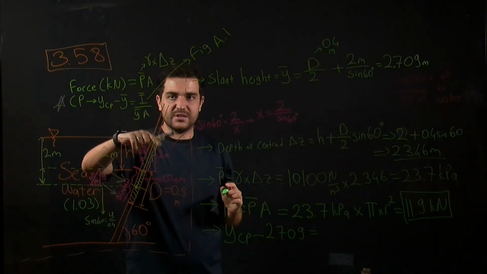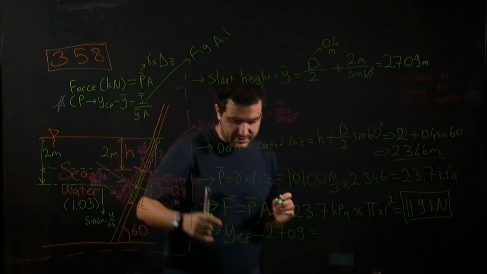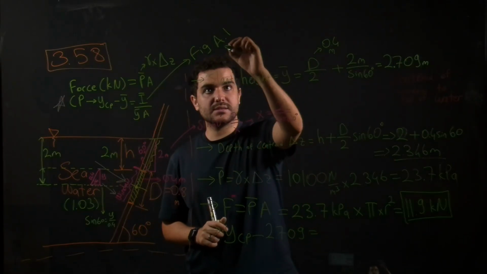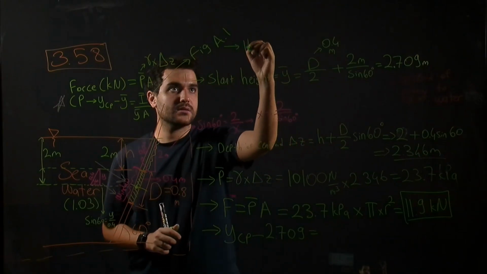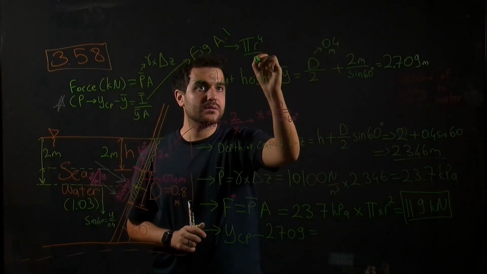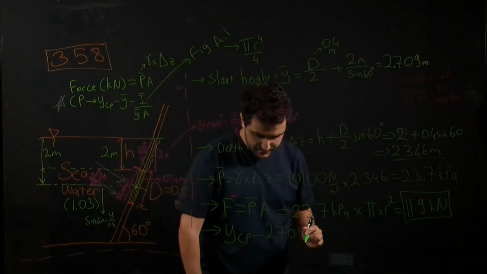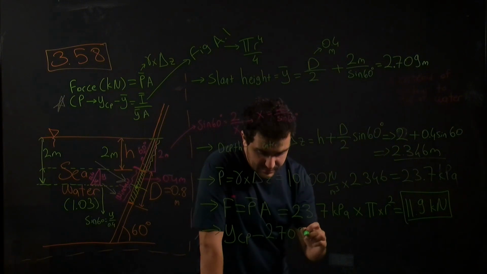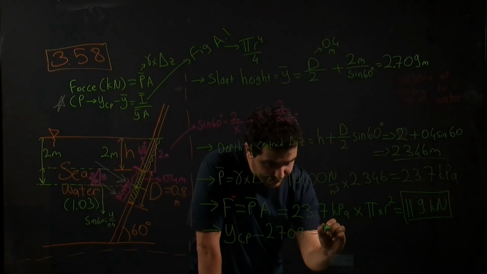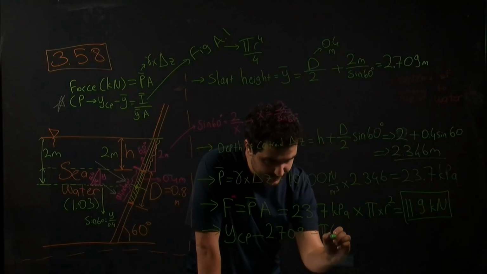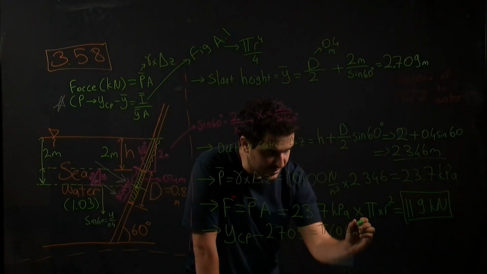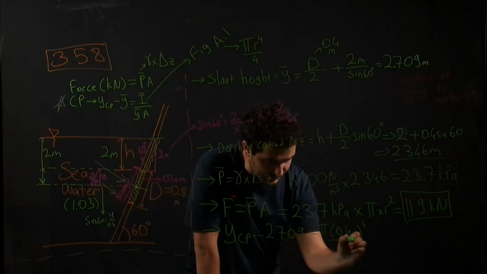And we will use inertia equation for circles. So it is pi 0.4 meters to the power of 4 over 4.